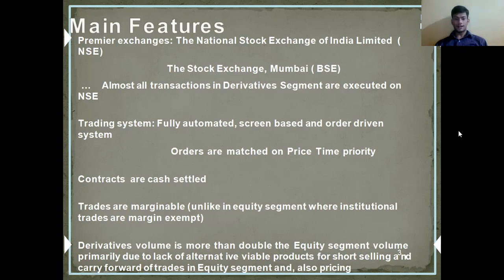Both contracts are cash settled, which means settlement at the settlement price. Okay, you have paid your cash and done your work. The trades are marginable, unlike in the equity segment, where margins are expected from institutional trading.